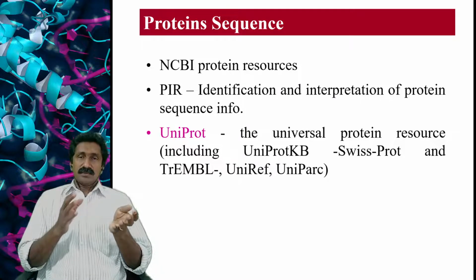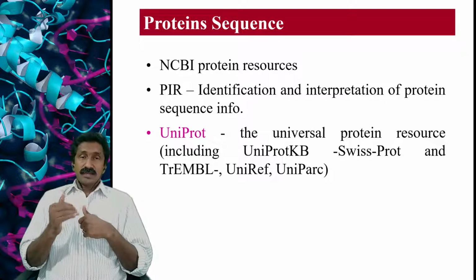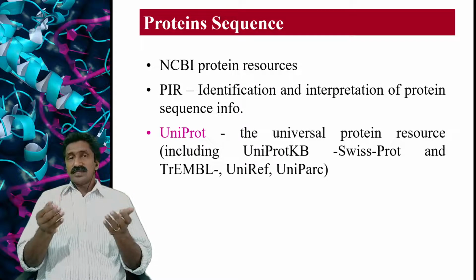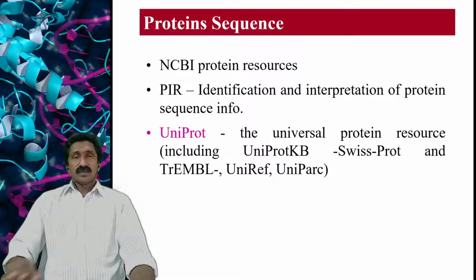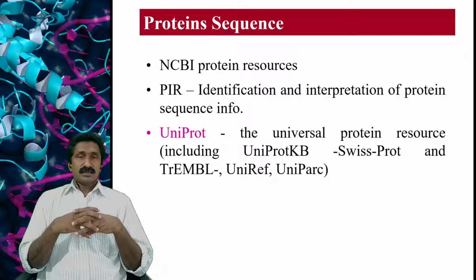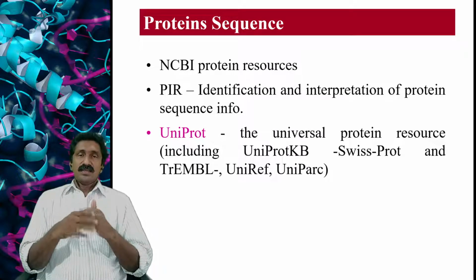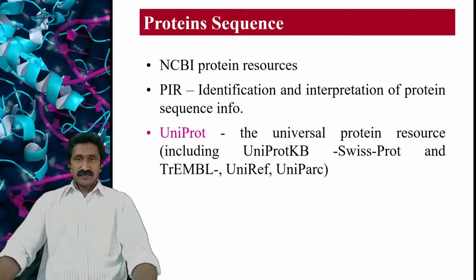Of course, NCBI protein resources are protein sequence databases too, but when compared with the UniProt database, their annotations, meaning the descriptions attached to the sequence, are minimal. So PIR and NCBI resources are normally not depended upon for retrieving protein sequences nowadays. UniProt is the universal standard for retrieving such information.